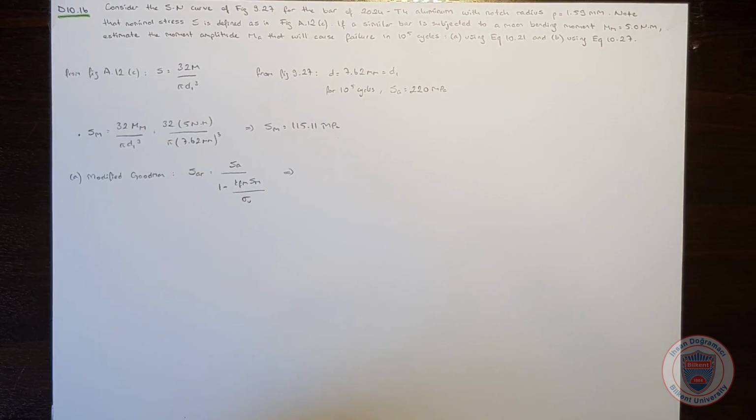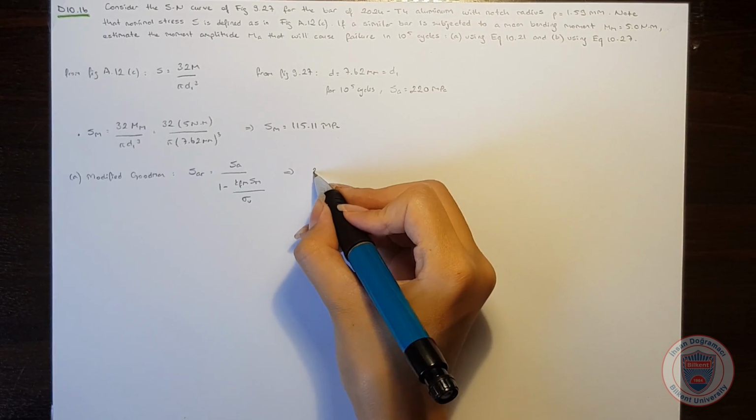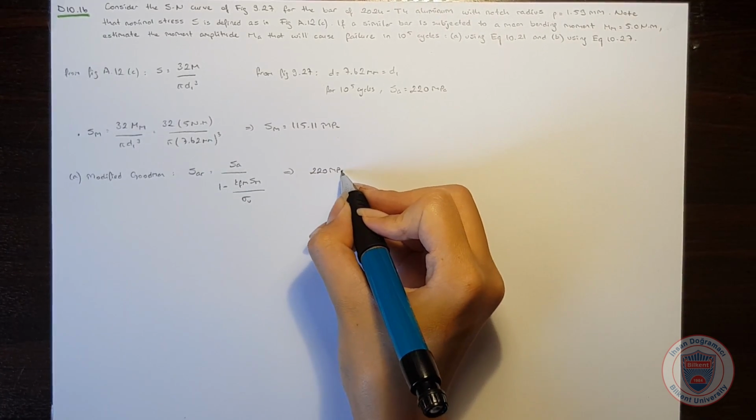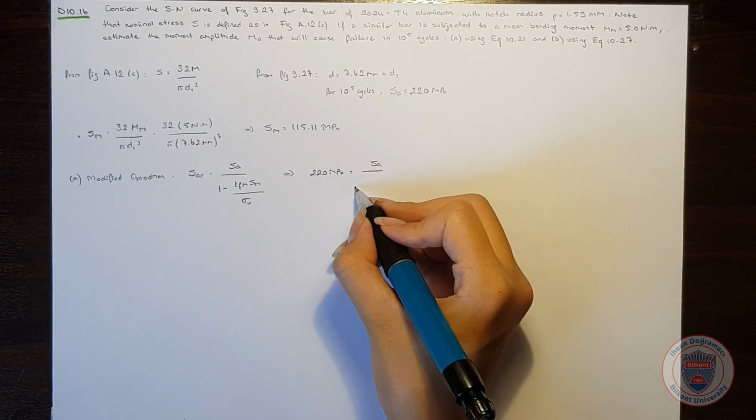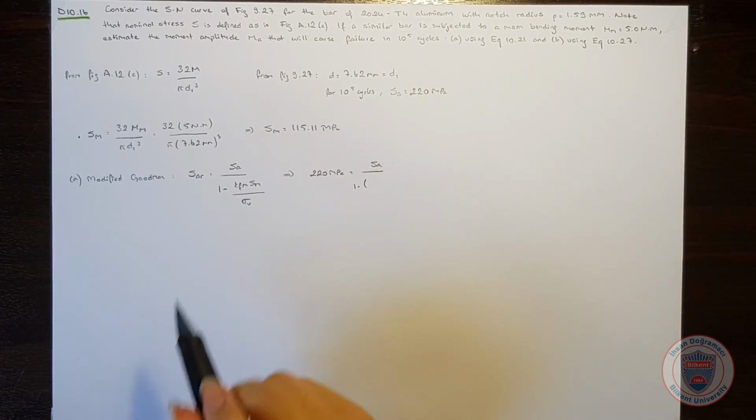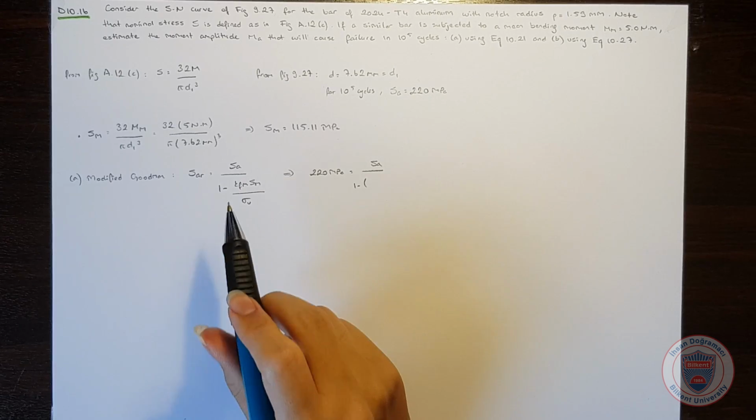We have the data to calculate this equation. SA over 1 minus KFM will be 1 since the material is ductile.